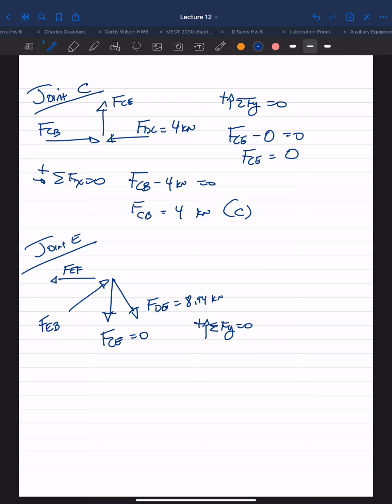You have FE, so we need our angle once again. By the same logic we used earlier, FEB. So, recreating that section of the truss, this is FEB.